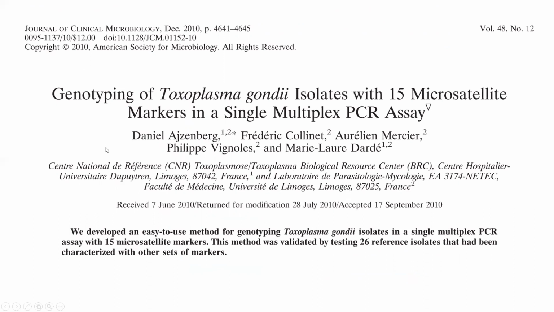In this paper by Dr. Eisenberg and Dr. Dade's group, they developed a multilocus method using 15 microsatellite markers in a single PCR assay. Instead of running one microsatellite at a time, this method runs 15 altogether in one single PCR.